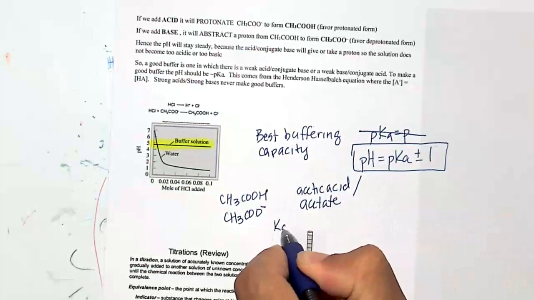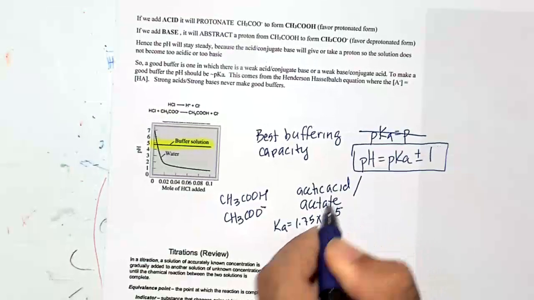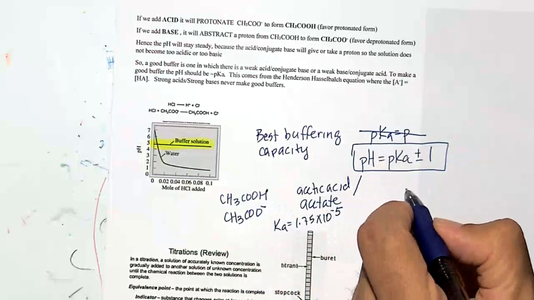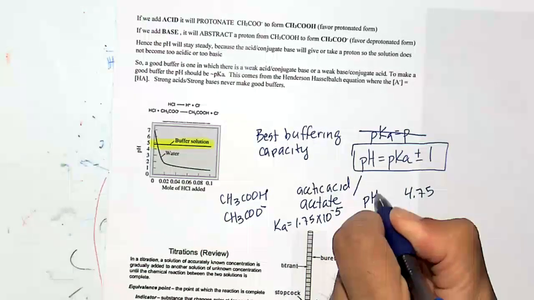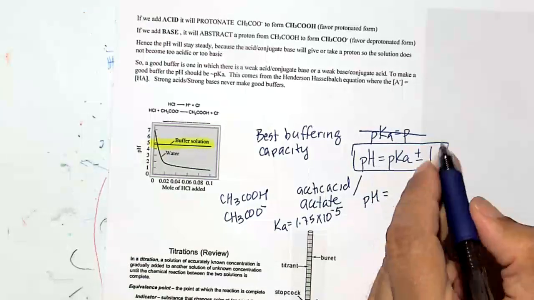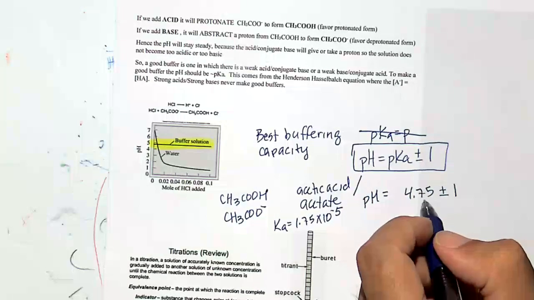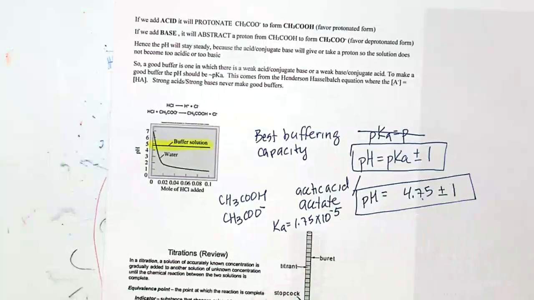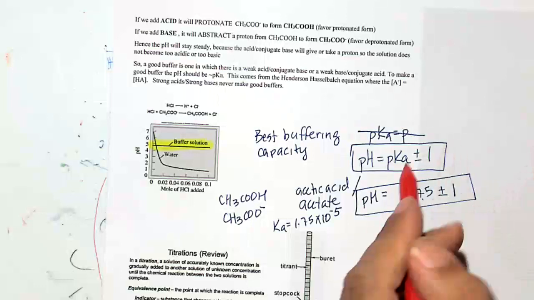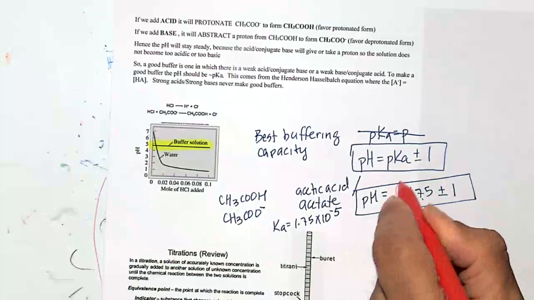The Ka for acetic acid is 1.75 times 10 to the minus 5. If you take minus the log of that, you'll get 4.75. So acetic acid and acetate is the best buffer between 3.75 and 5.75. That's the best buffering capacity. You take the pKa of that acid plus 1 pH unit and minus 1 pH unit.